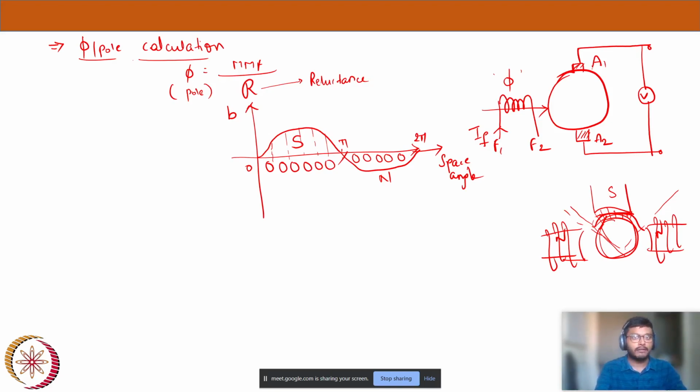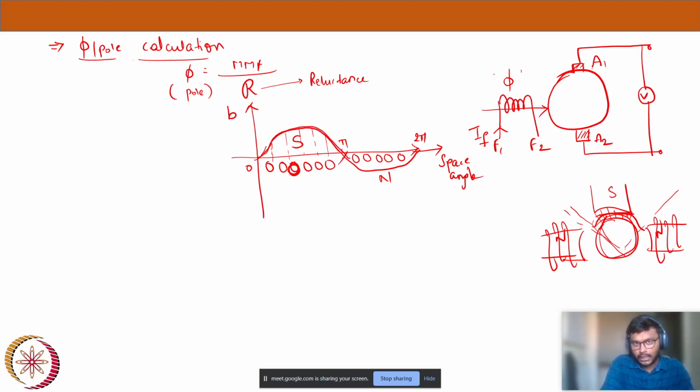Now let's say we need to find out the voltage induced in each conductor, its direction. Let's take this particular conductor and find the direction of armature voltage. I want to know the induced EMF voltage direction.